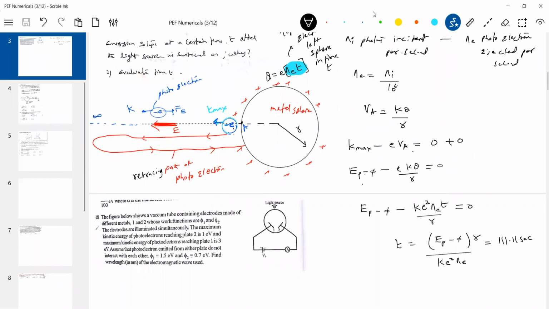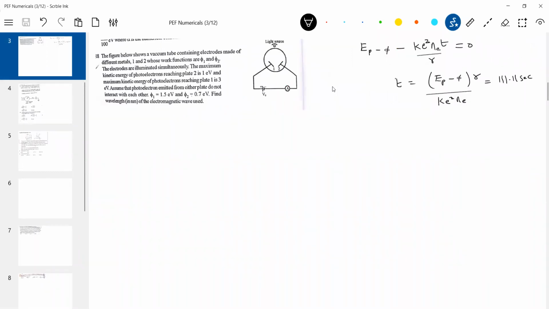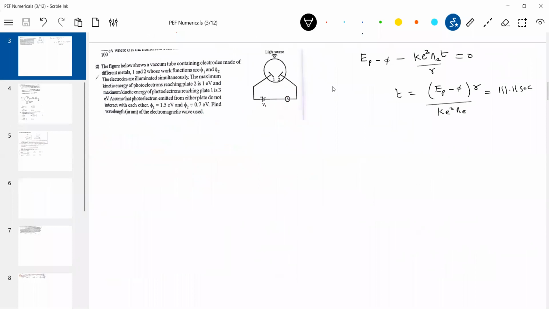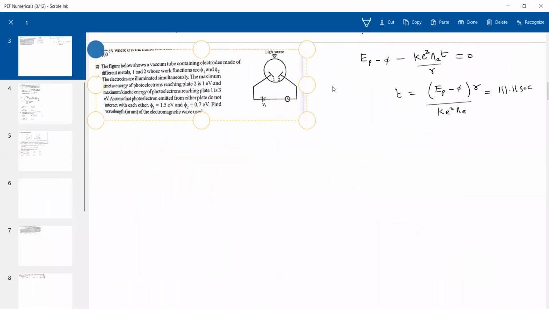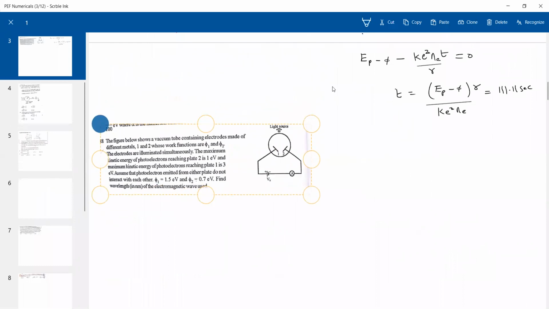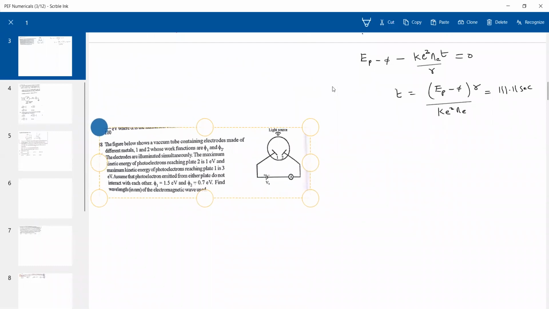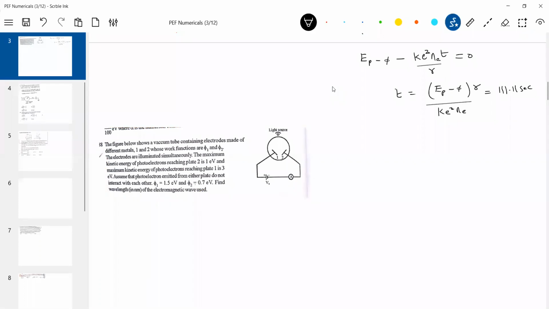This week's portion: photoelectric effect, radiation pressure, matter waves. Okay, read the question.